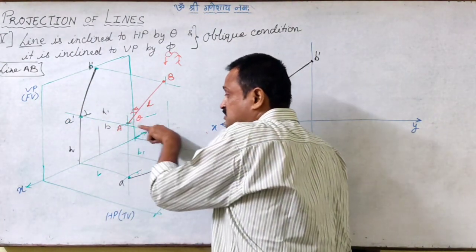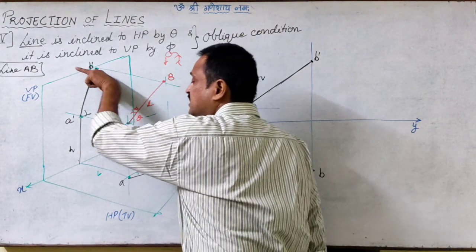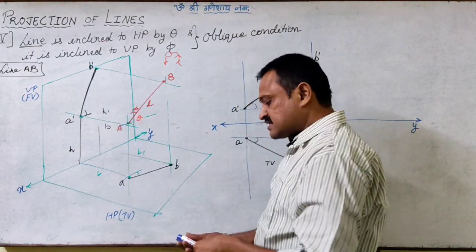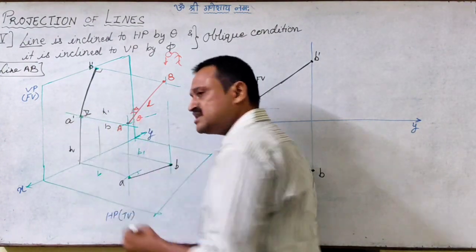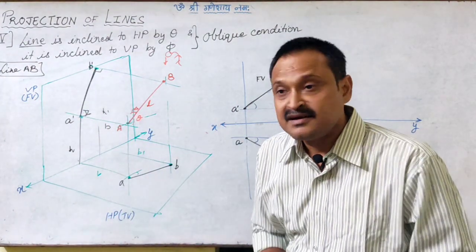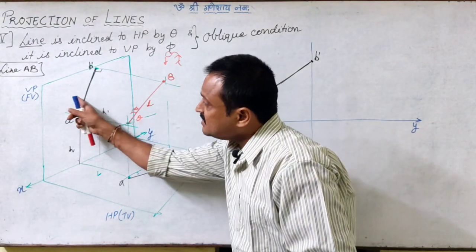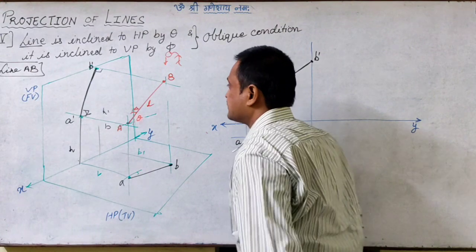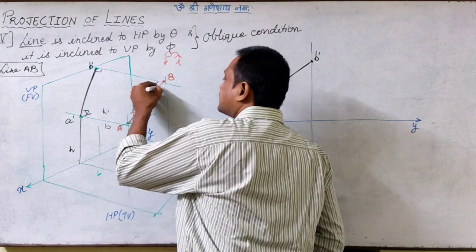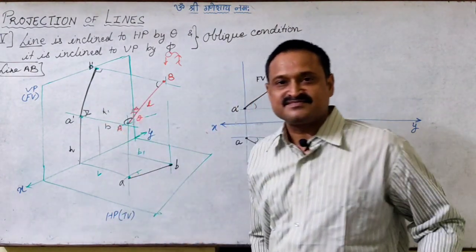Now, for the front view, the projectors are perpendicular to VP. That means the projectors are perpendicular to the image. But the line is inclined to VP, that means the projectors are inclined to the line.